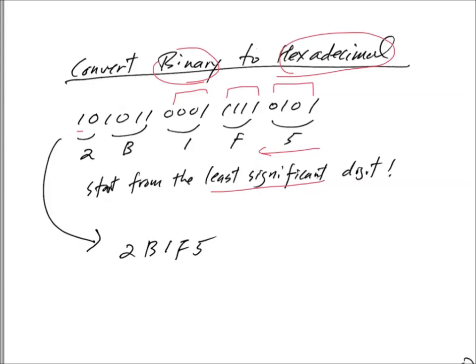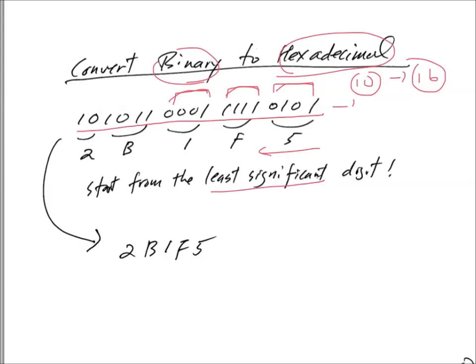So when you have this binary number, you just collect 4 of them. This will be a lot easier than changing this one to decimal and then from decimal to hexadecimal. So we can directly convert this one to a hexadecimal number.